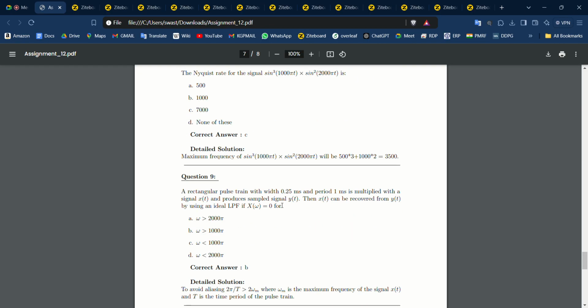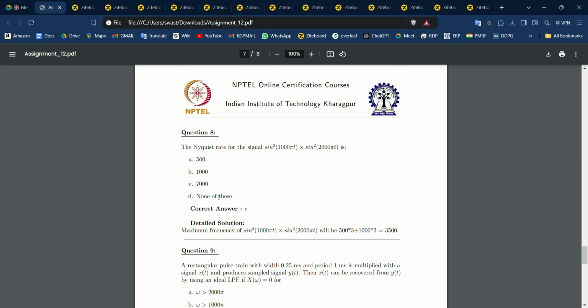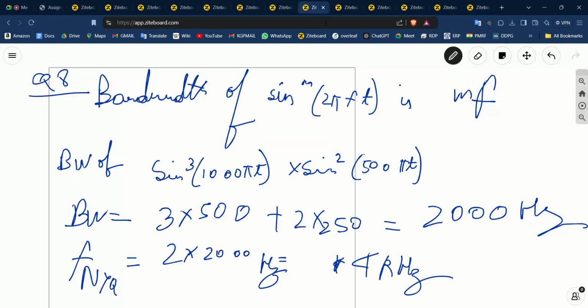So the correct answer is, sorry, it was sin square 2000 pi t, not 500. Sorry, I have taken down the question wrong. This is 2000, not 500. So 2000 means this will be 1000.